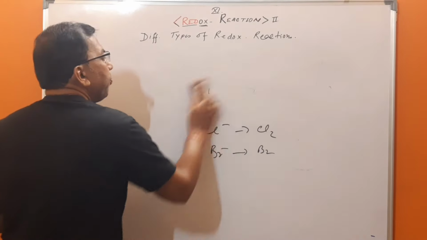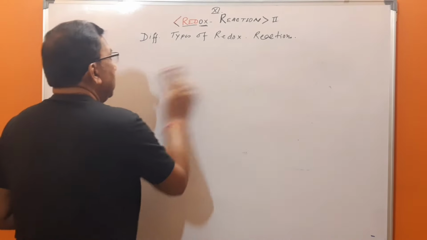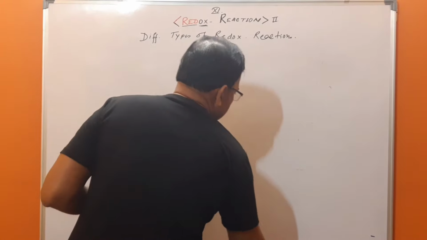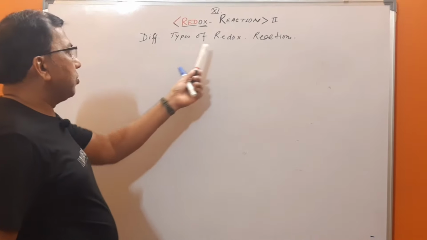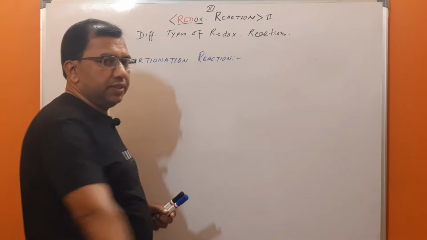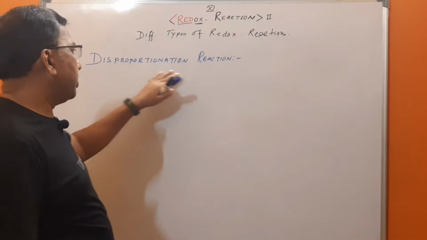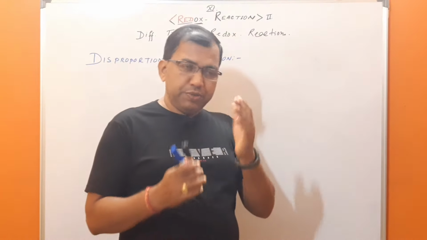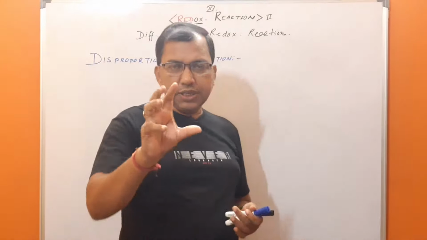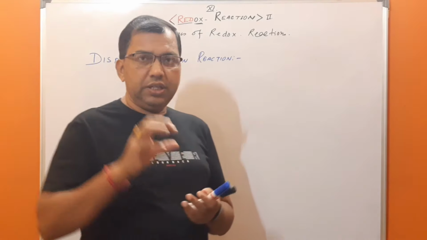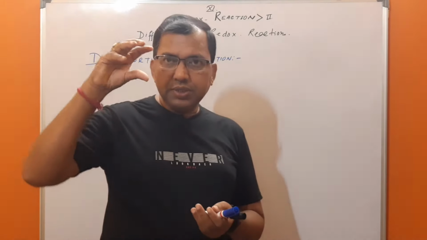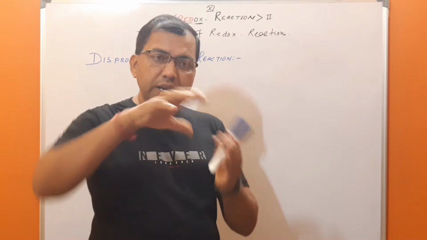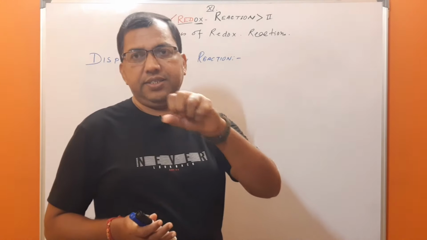Remember it. Next in the classification of different types of redox reaction is the disproportionation reaction. What is a disproportionation reaction? This is very important. It is a special kind of reaction in which the same element undergoes oxidation as well as reduction.